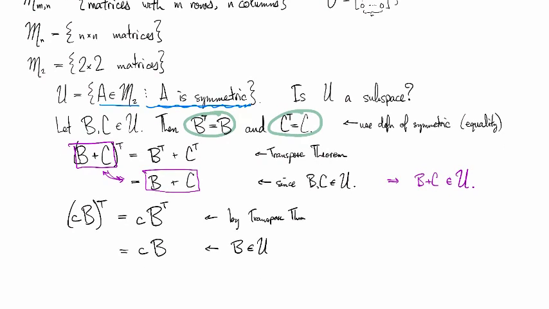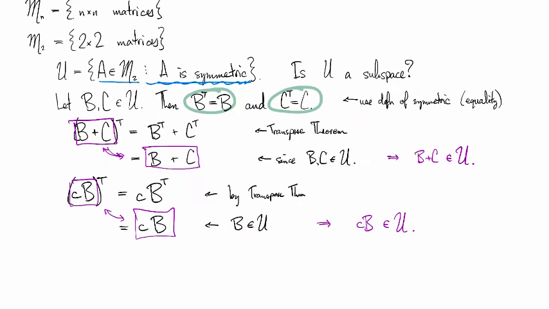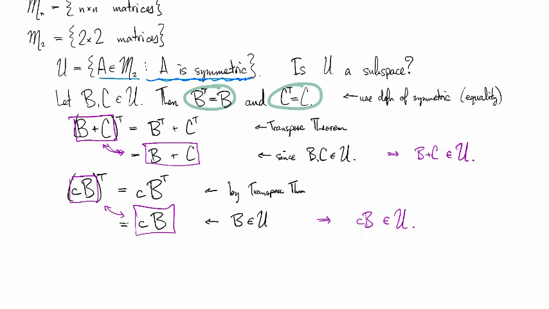Now looking again from start to finish, if I take CB and I take its transpose, I get CB. And that's exactly what it means for CB to be symmetric. So if CB is symmetric, it's in U. So it's closed under scalar multiplication as well. So the conclusion is that U is a subspace of the 2x2 matrices.